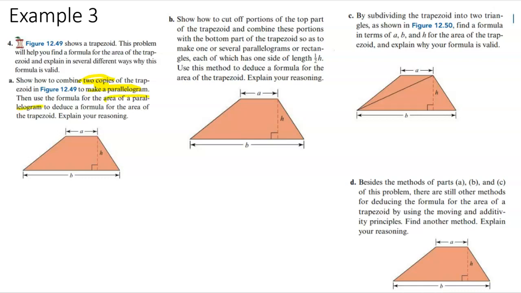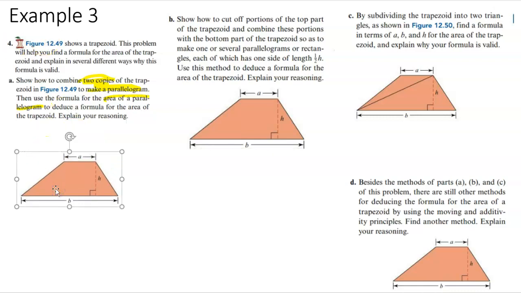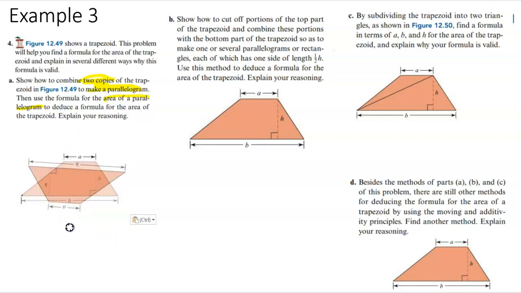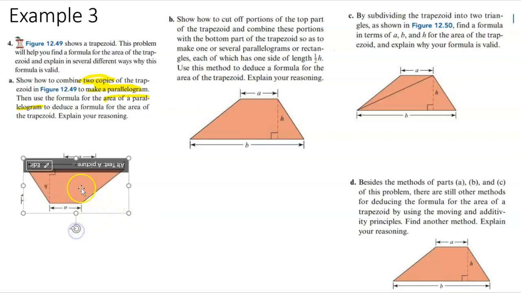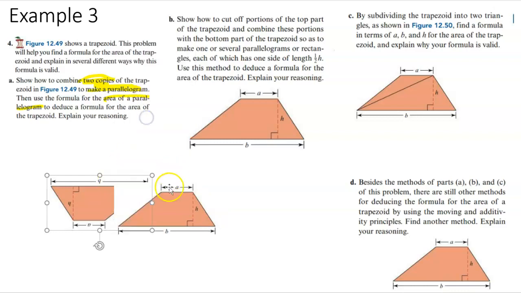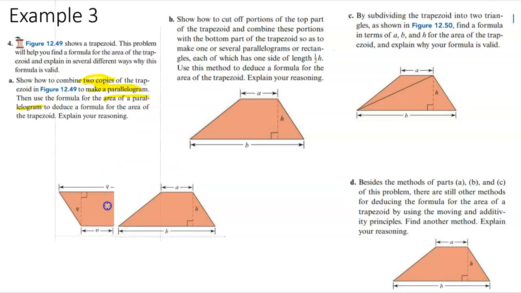Basically, this wants us to make two copies of this. My drawings, as you know, are not always so great, but essentially what they want us to do is flip this. Oh, it's going to be difficult, but you see the idea here that we're trying to build this parallelogram.